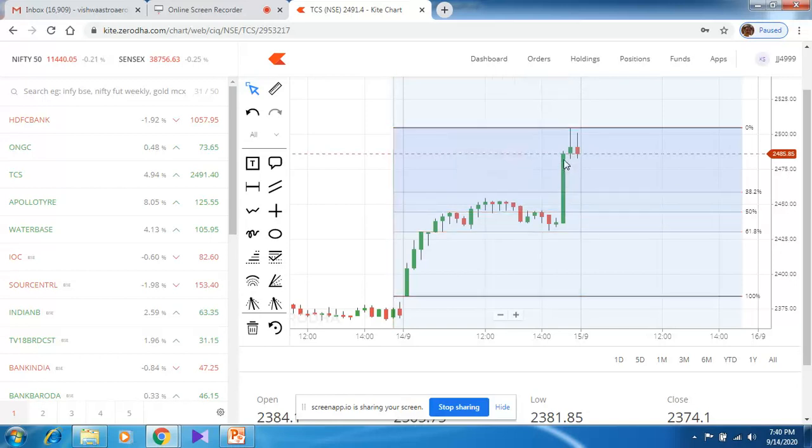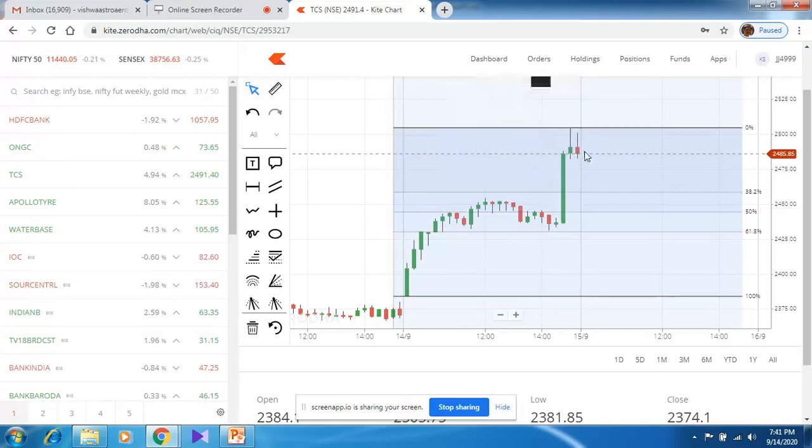Therefore, they kept on buying until it reached 0%. As you can see, this one big candle has come. It has occurred in a 15-minute time frame. So this is the beauty of Fibonacci.